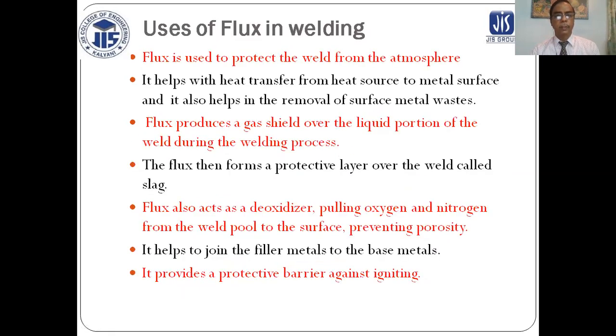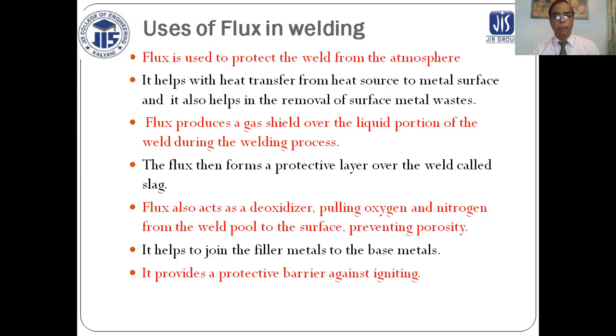Use of flux in welding. Flux is used to protect the weld from the atmosphere. It helps with heat transfer from the heat source to the metal surface, and it also helps in the removal of surface metal waste. Flux produces a gas seal over the liquid portion of the weld during the welding process.